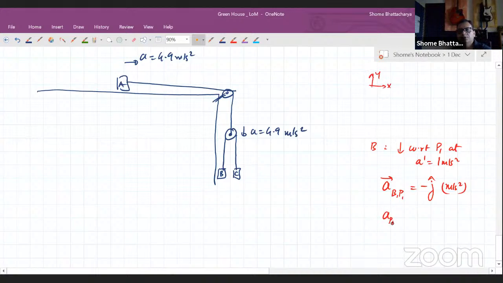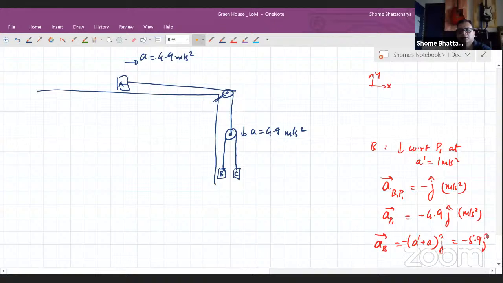And the acceleration of the pulley P1 itself is minus 4.9 j cap. So that means the acceleration of the block B in the ground frame will be A prime plus A in the downward direction, or minus 5.9 j cap. So in the ground frame, this block will have a downward acceleration of A prime plus A. So that will be 5.9 meters per second square.